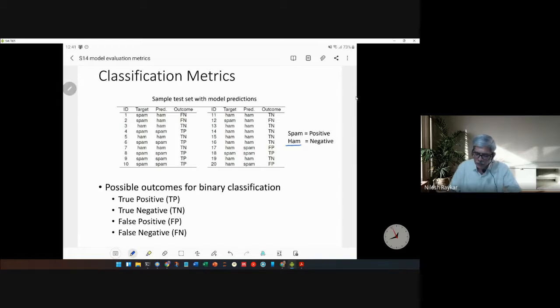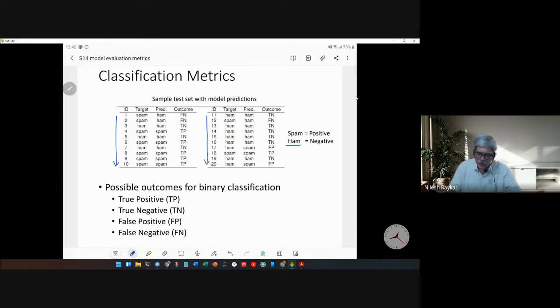So you have got a total of 20 samples. 1 to 10 are given on the left hand side and 11 to 20 on the right hand side. You build a model based on these 20 samples. So you build a classification model, maybe using logistic regression, which we studied last time. And the results of this model are given in this particular table.